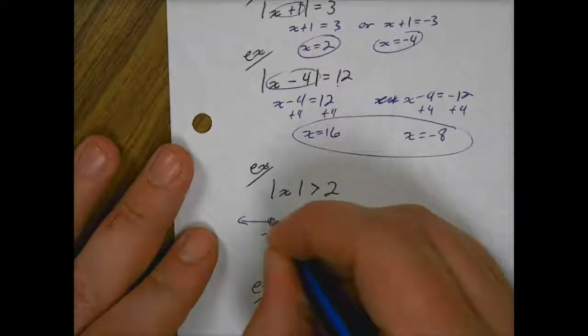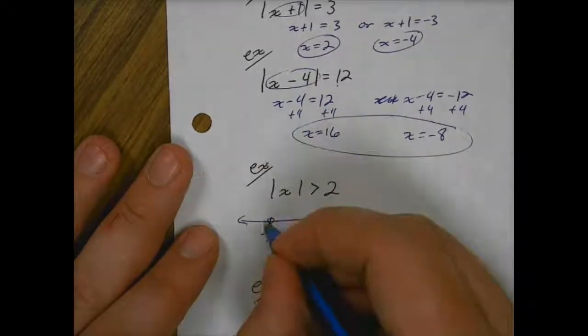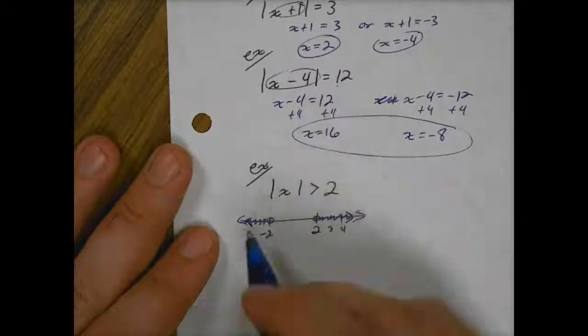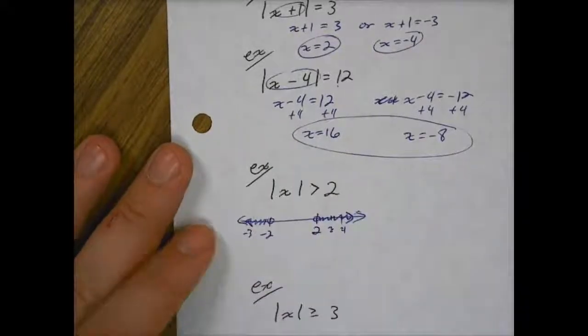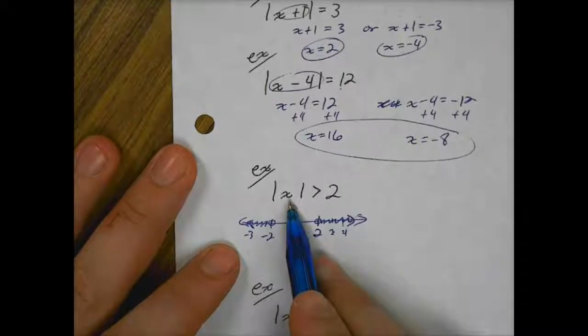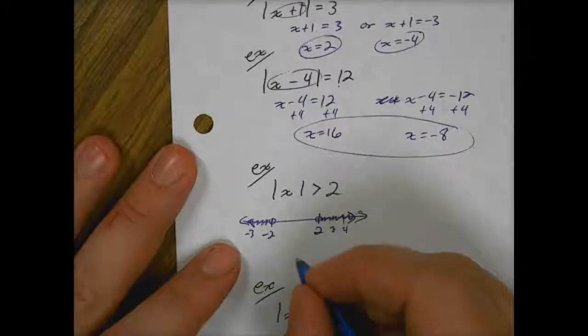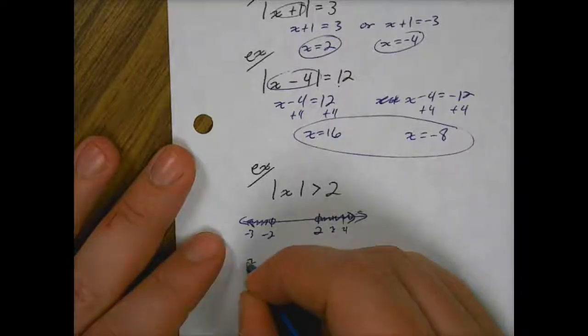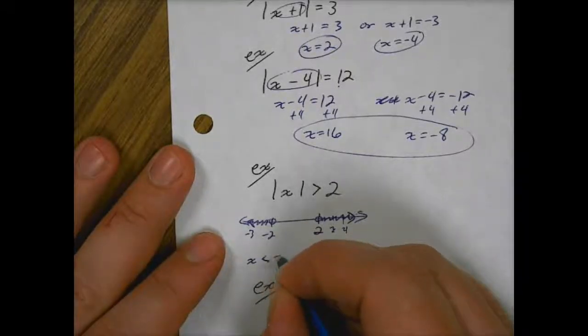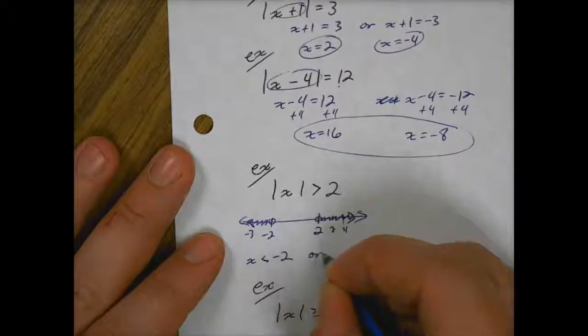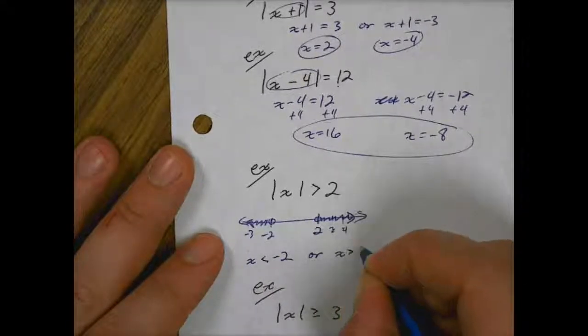And if it is negative, I want it to be going this direction, such that I could choose negative 3 or negative 4, because the absolute value of negative 3 is 3, which is greater than 2. So what I can say then is that either x has to be less than negative 2, or x has to be greater than 2.